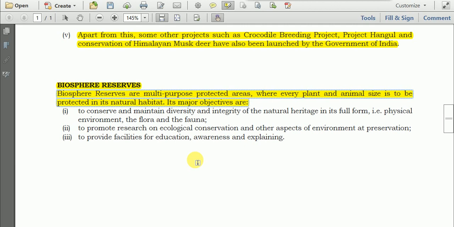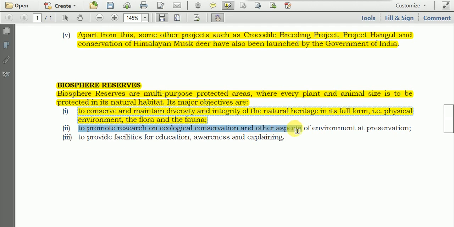So its main objectives are to conserve and maintain diversity and integrity of the natural heritage in its full form, that is physical environment, then the flora and the fauna. The second one is to promote research on ecological conservation and other aspects of environment and preservation.